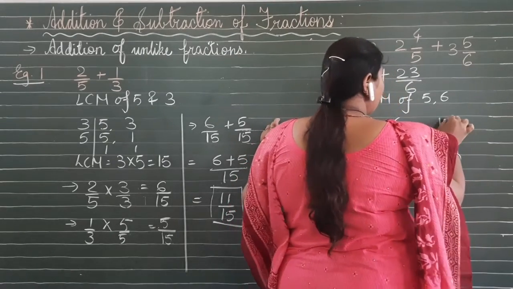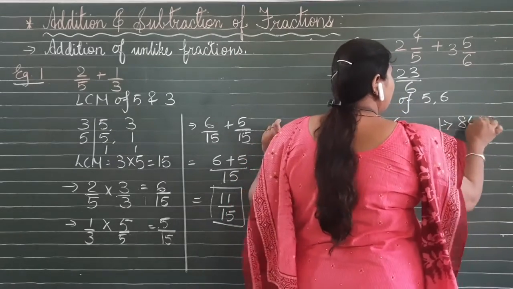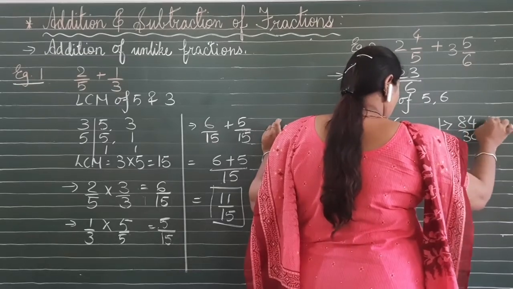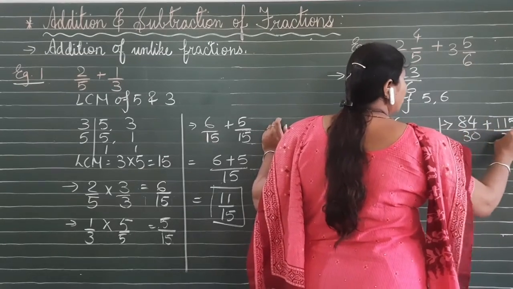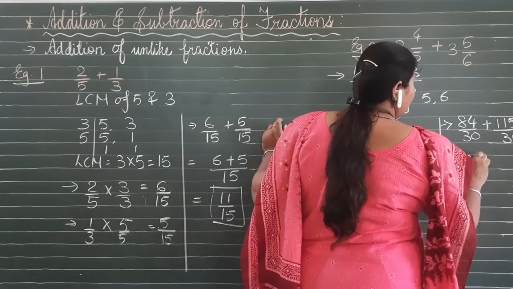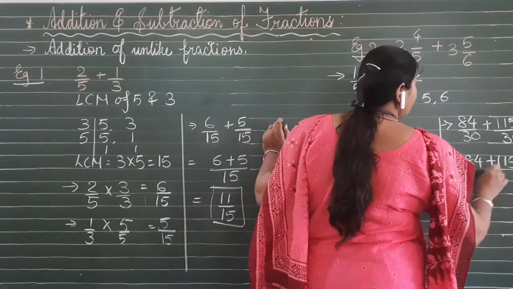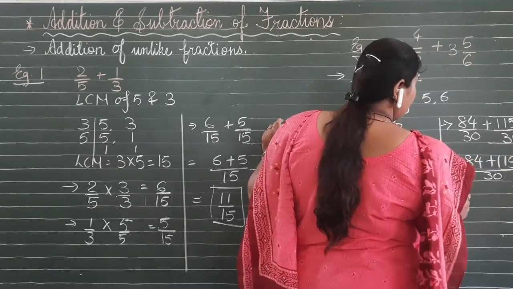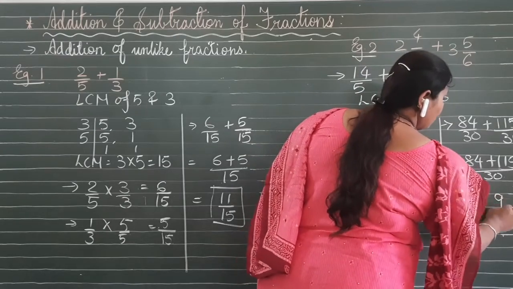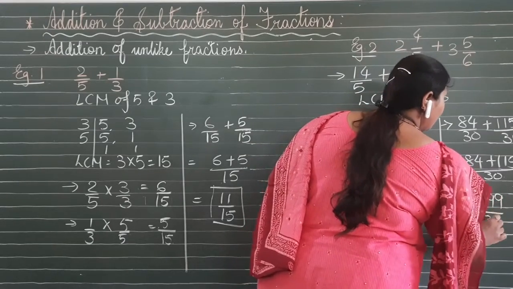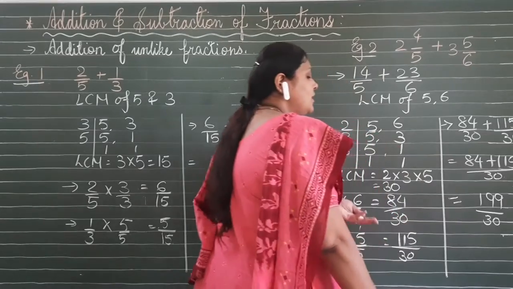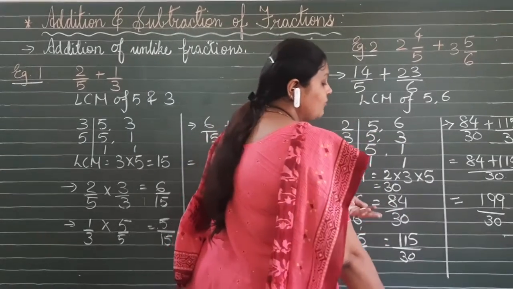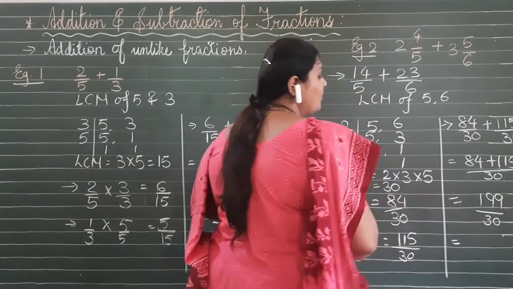Now we can add, as these denominators are equal, 84 upon 30 plus 115 upon 30. 84 plus 115 upon 30. 199 upon 30. Now we can convert this fraction into mixed.